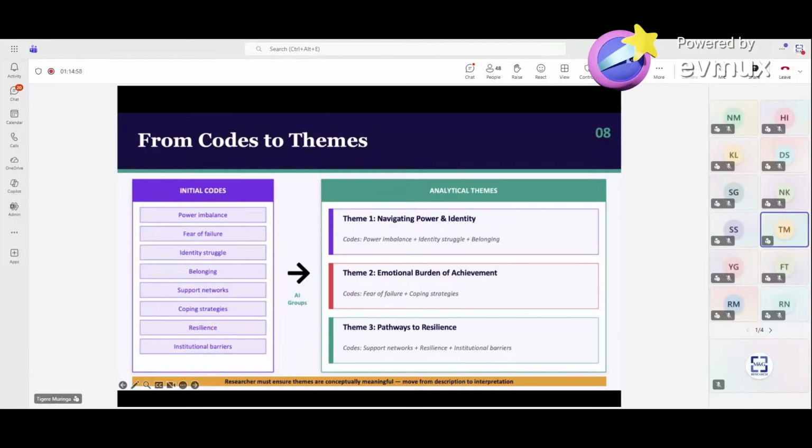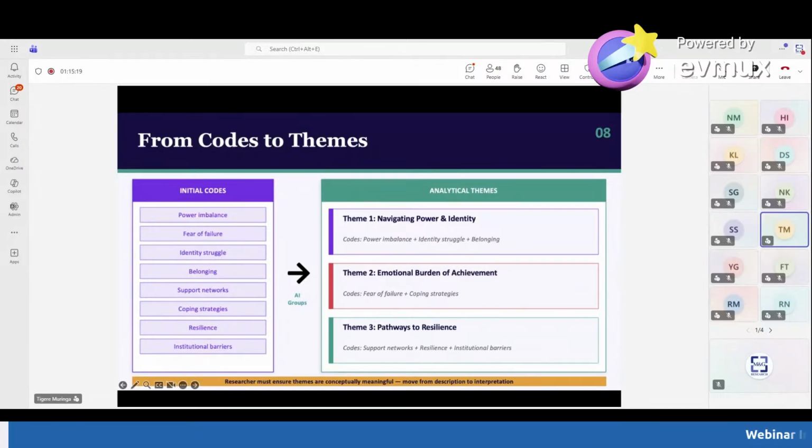So this begs the question: what are the skills that the researcher in the age of AI requires to know? The first thing you need to know is you should familiarize yourself with the traditional way of conducting thematic analysis, right? Using Braun and Clarke or whatever approach you're going to be using.